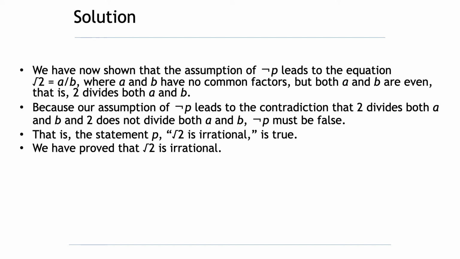Because our assumption of not P leads to the contradiction that 2 divides both a and b, and 2 does not divide both a and b, not P must be false. That is, the statement P, square root of 2 is irrational, is true. We have proved, therefore, that square root of 2 is irrational.